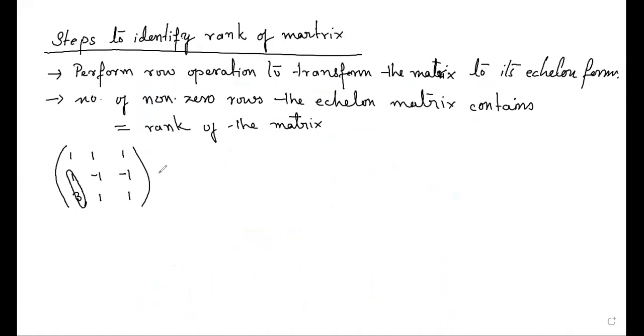So to make them zero, the operations are R2 minus R1 and R3 minus 3R1. First row remains as it is. R2 minus R1 gives 0, minus 2, minus 2. R3 minus 3R1 gives 0, minus 2, minus 2.